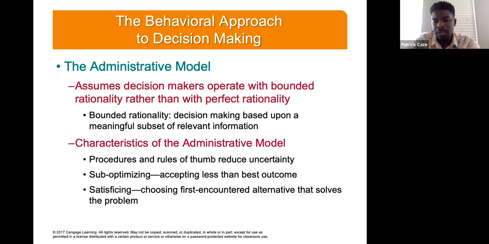And bounded rationality is decision making based on a meaningful subset of relevant information. That's the key there: a subset of relevant information. Now, when you get to the rational approach, you're going to have a whole bunch of information. Doesn't mean it's all relevant, right?